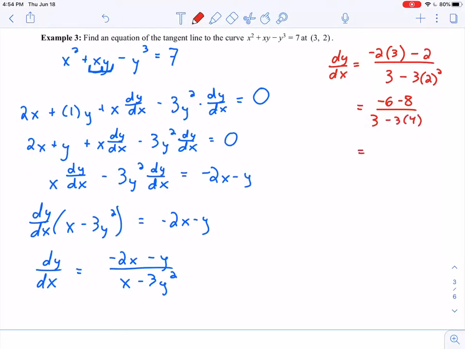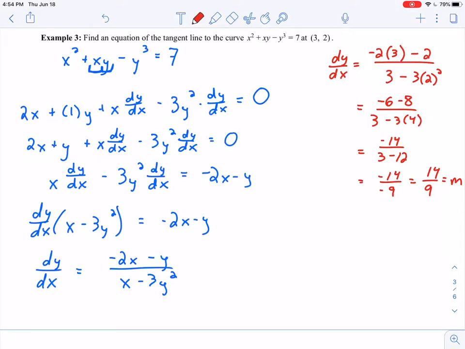I've got what? Negative 14 all over 3 minus 12. This is really negative 14 over negative 9, or just 14 over 9. Kind of an ugly number, but we'll deal with it. So this is, remember, the slope of my tangent line. That is m.